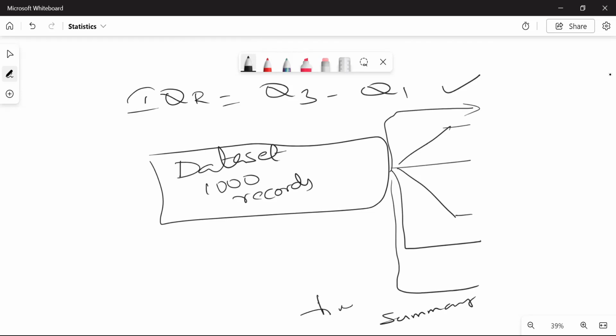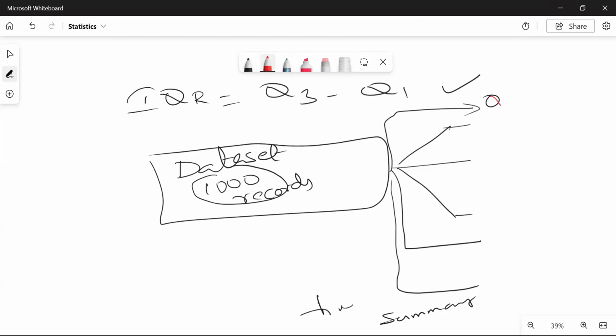If we have 1,000 elements, it's impossible to go through each and every element. Even if you have 1 lakh or 2 lakh elements, it doesn't matter. The entire data we have to represent in 5 elements.